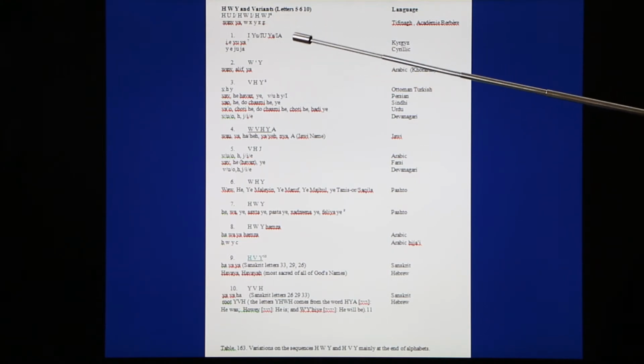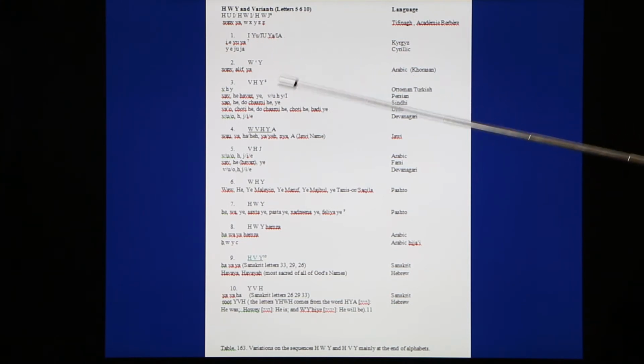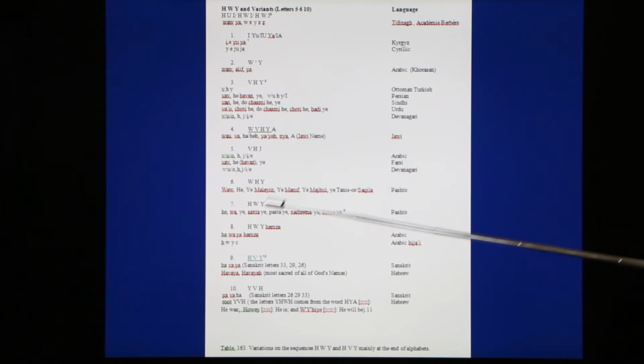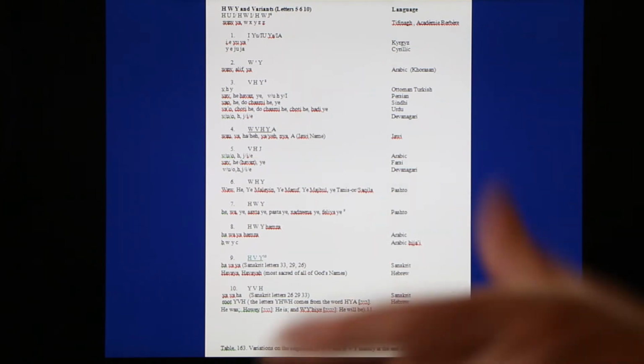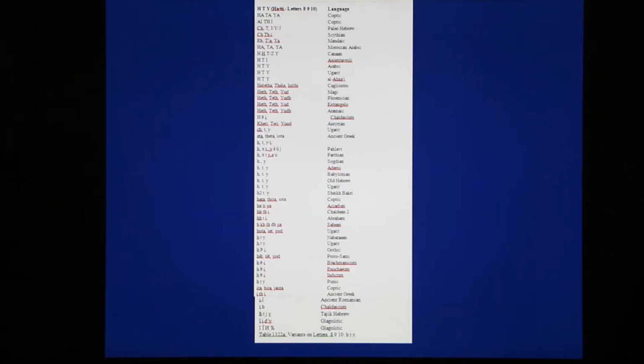And HWY has then a tremendous amount of variance, so it can be I, IU, IA, VHY, VHJ, WHY, HWY, even the sequence gets changed a bit. And then here are the languages in which they go, right from Yawi in Indonesia, through Pashto in Afghanistan, to Ottoman Turkish, and we're back in Turkey.